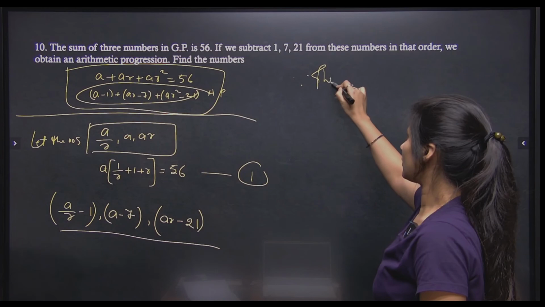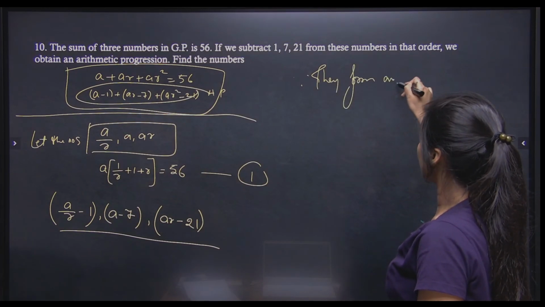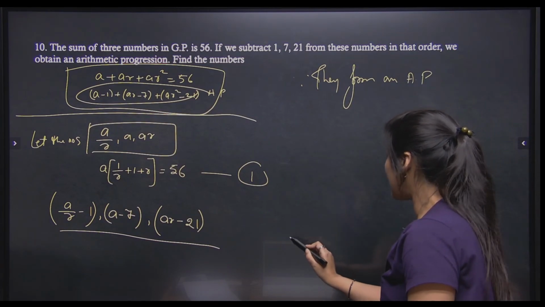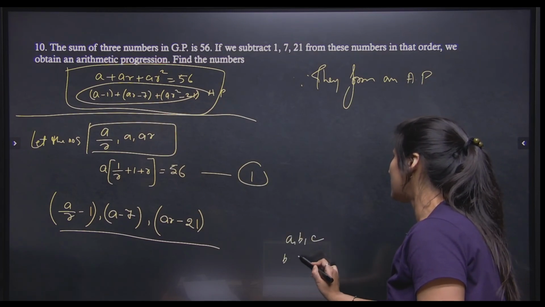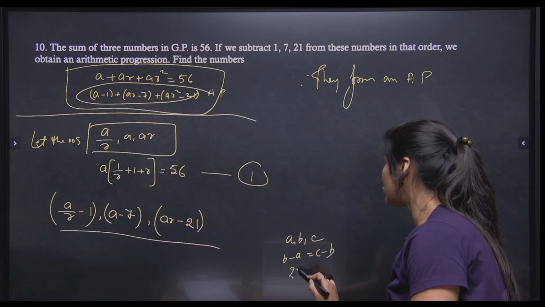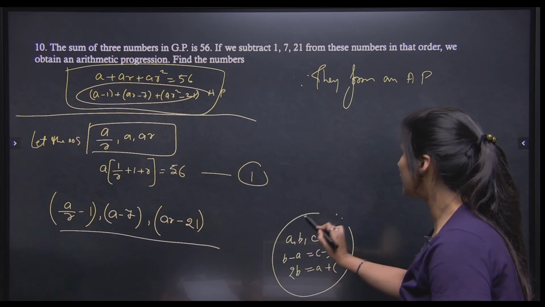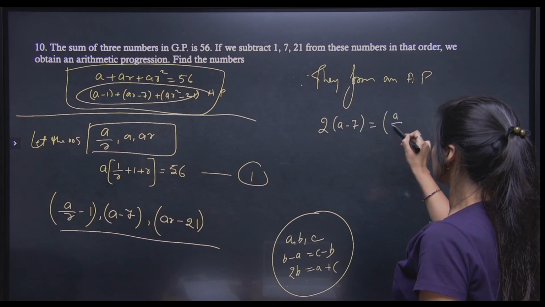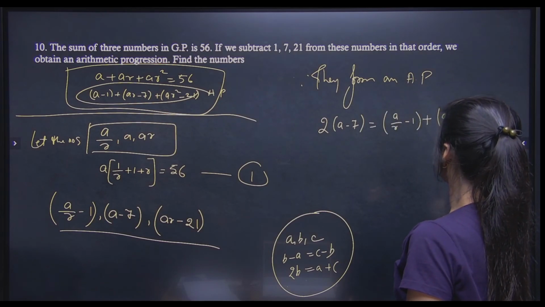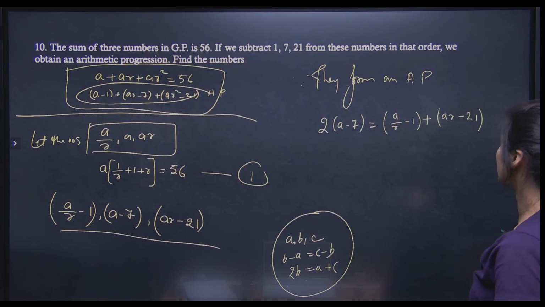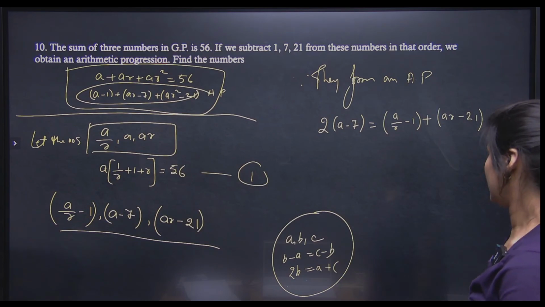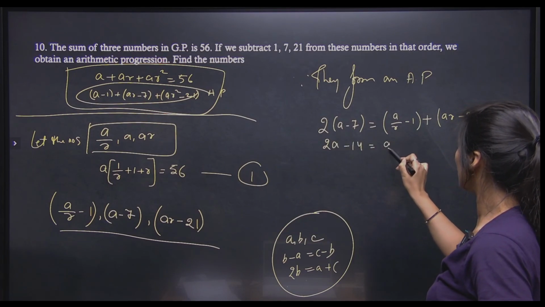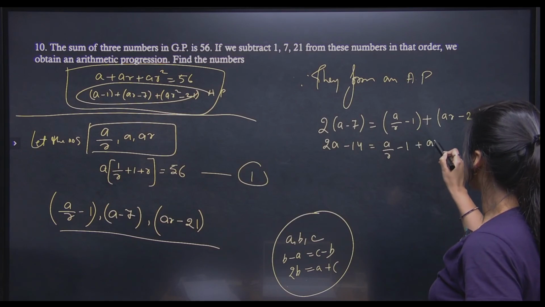See, if three numbers A, B, C are in AP, then B - A = C - B, or simply 2B = A + C. In the same manner, twice the second term is equal to first plus third. So it is 2a - 14 is equal to a/r - 1 + ar - 21.